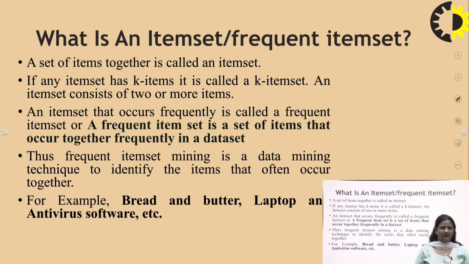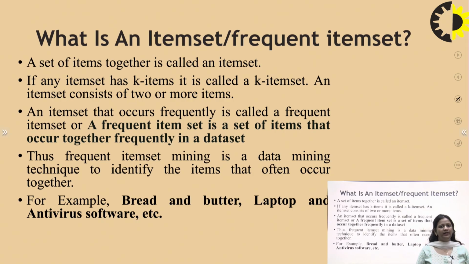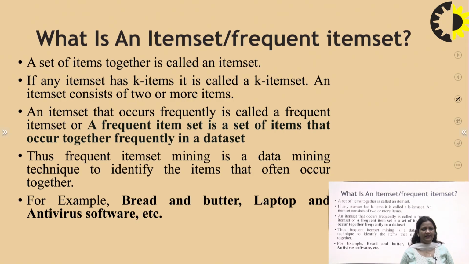of item sets. So an item is an individual item, or we can say a single item. A set of items together is called an item set. So what is an item set? A set of items that together is called an item set. We denote an item like this.